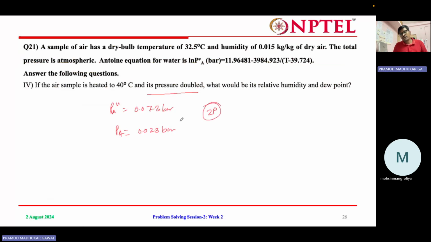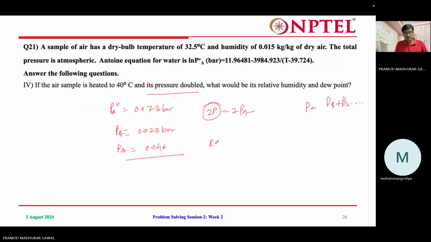So total pressure is double, so partial pressure is also double, right? Because the total pressure is the summation of partial pressures of constituents like PA, PV, right? So the partial pressure becomes double, so it's 0.046, right?